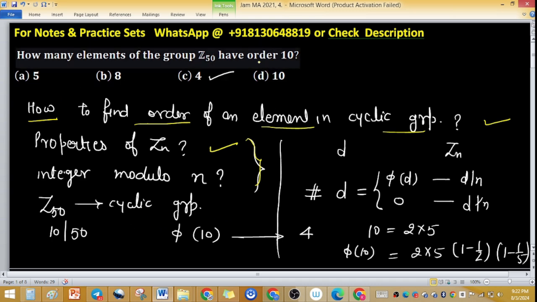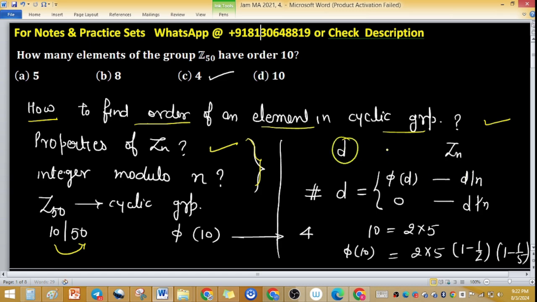We have to find the number of elements of order 10, because 10 divides 50. So the number of elements you can find with the help of the Euler phi function. The number of elements of a specific order d in Zn: if d divides n, the number of elements will be phi(d). If d doesn't divide n, the number of elements of order d is 0.